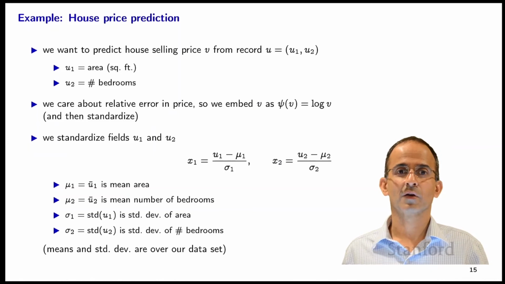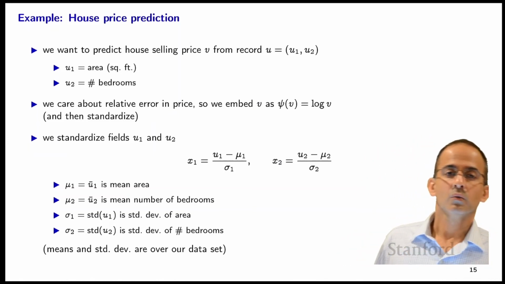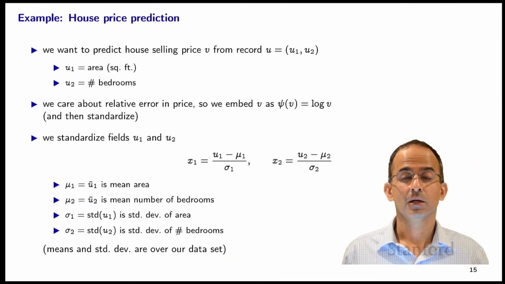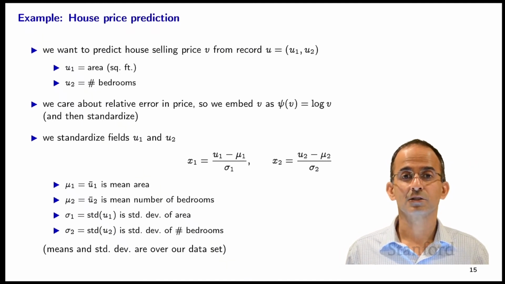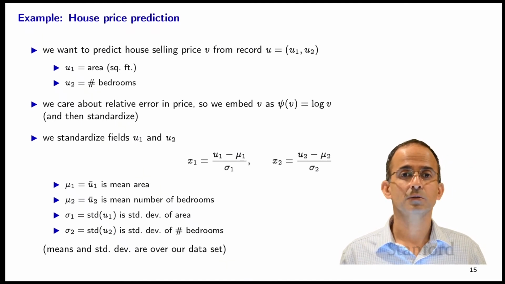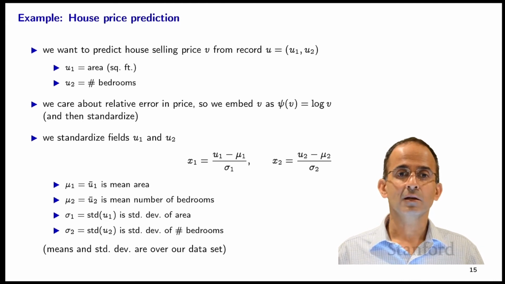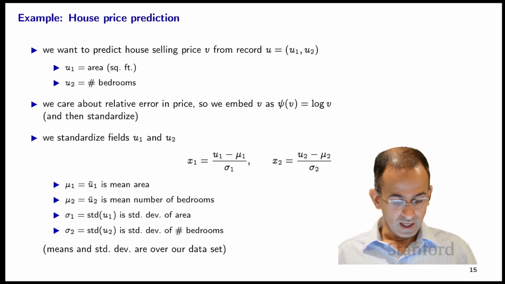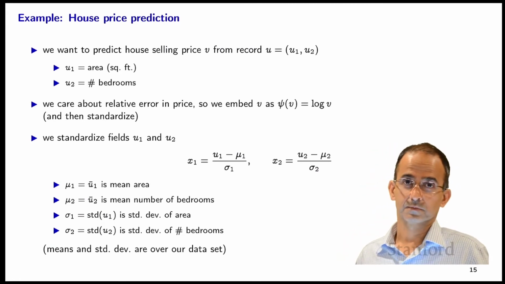And here's an example for house price prediction. We want to predict the house selling price, v, and we've got a record, which in this case just has 2 fields, u1 and u2. u1 is the area in square feet. u2 is the number of bedrooms. We care about relative errors in price.